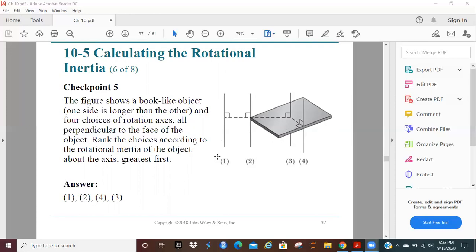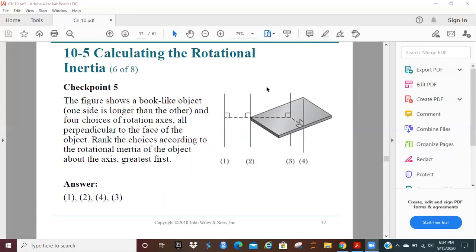In this particular case, case number one, look at how far all of these masses, if you look at it as individual mass particles, look at how far away they are from the axis here. Radius is going to be quite big, and since that term is the one that's squared, this rotational axis is going to have the most. That's why it comes first.